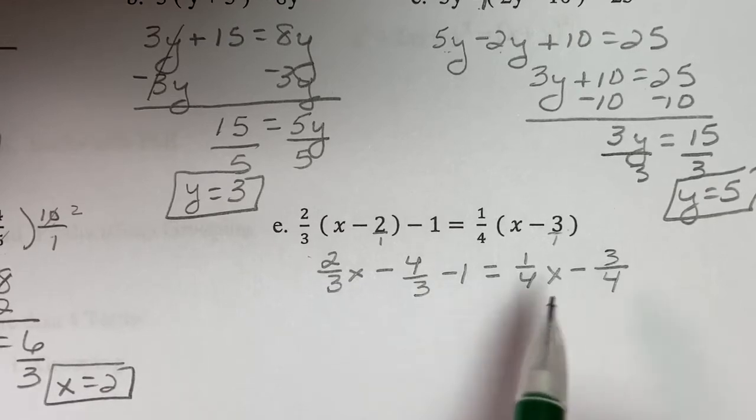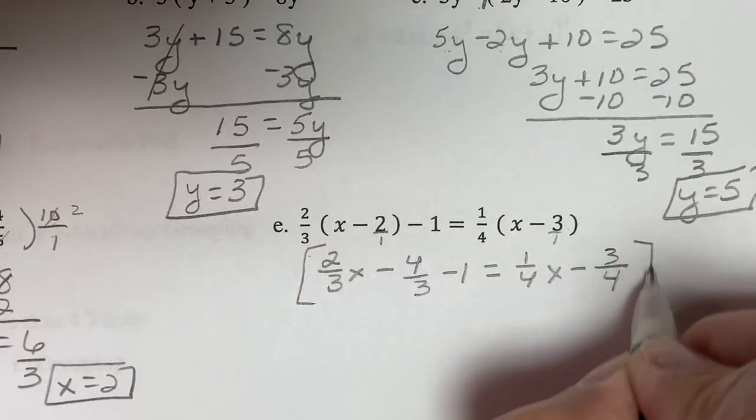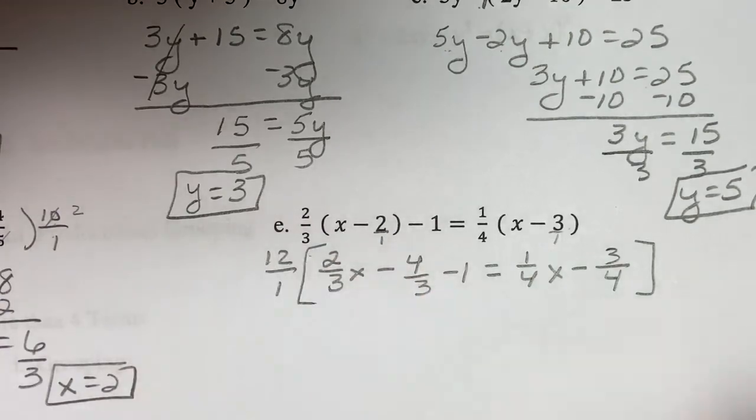Okay, so now we want to get rid of all the fractions. Well, we have denominators of 3 and 4, which means we're going to multiply everything through by 12.